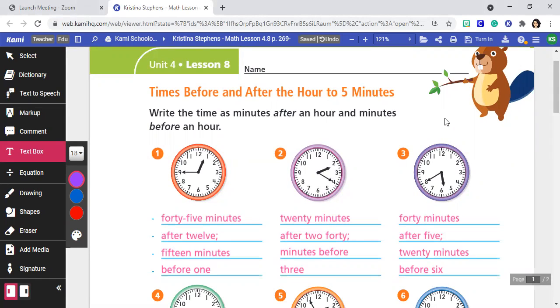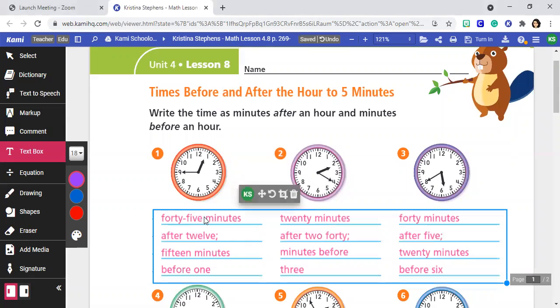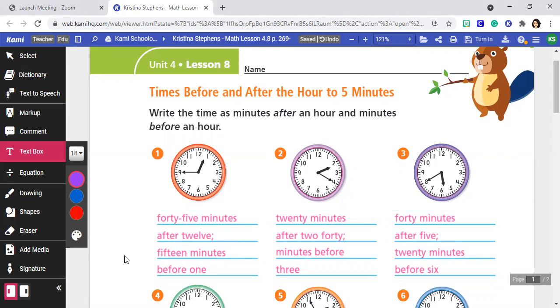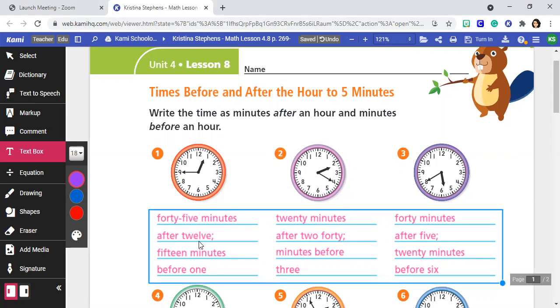Okay, so if I look at what I have written here, and I copied and pasted this, I cheated a little bit today. Here are my answers. I've got 2 different answers. I've got 45 minutes after 12, just like we said, and 15 minutes before 1. So we've got one way, thinking about it after the hour and before the hour.